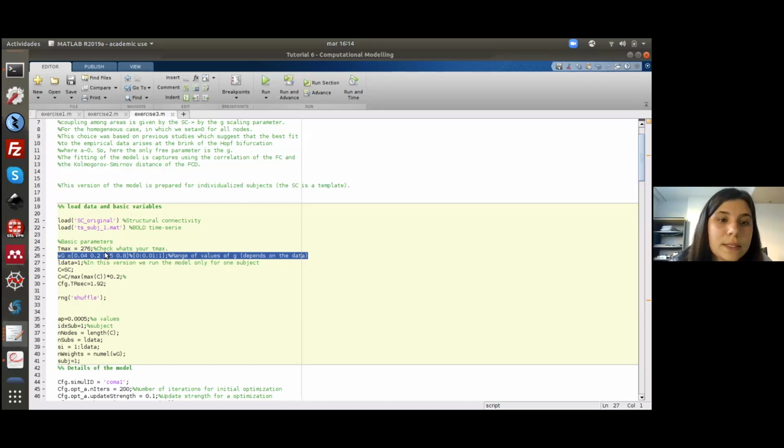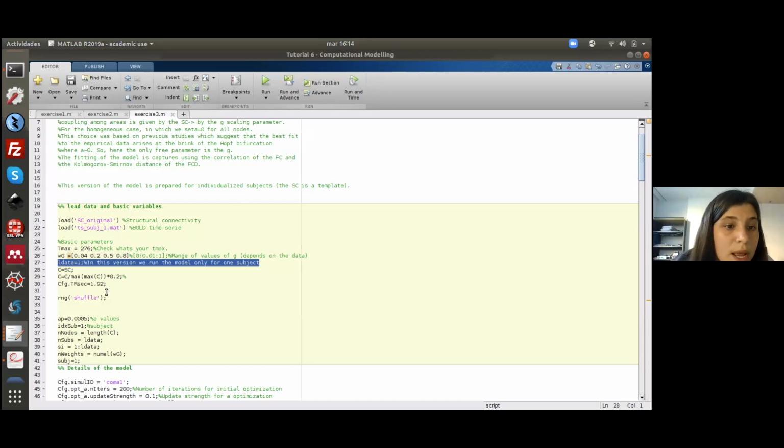But you can also use, for example, the range we have commented out here, and you are going to have a higher resolution and a more informative description of the results. But because of the limitation of time, we are going to use only these 4 values of the global coupling. In this case, we also have 1 subject.